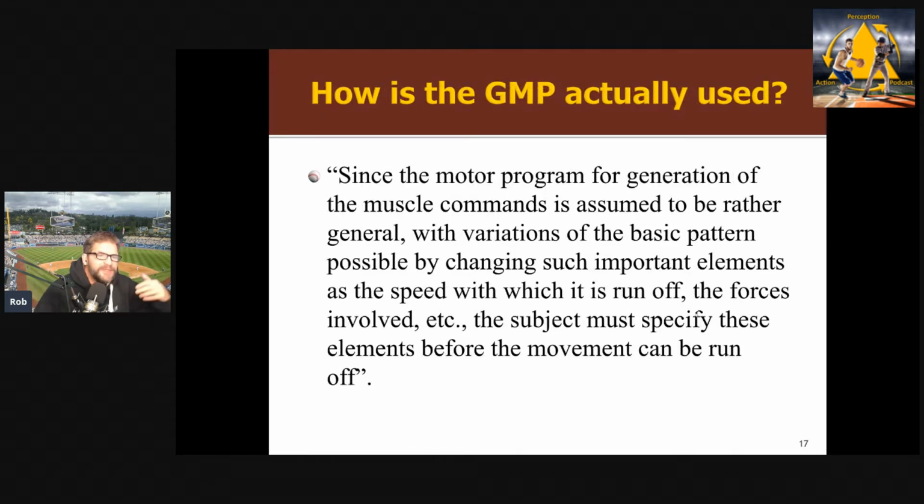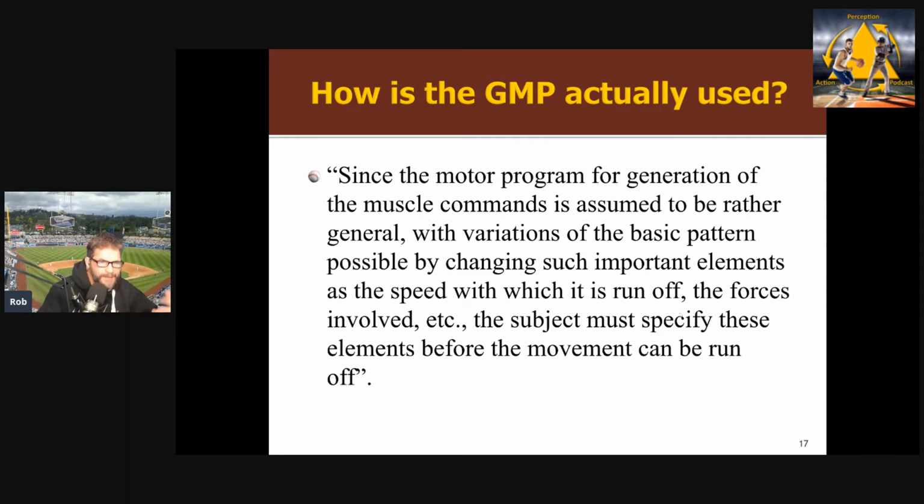The GMP, how is it actually used? The motor program is just this general structure, right? To actually use it, we're going to have to give it parameters. So we know that the shoulder angle has to be in this position halfway through, relative to the elbow position. We know the relative timing of when these two things happen, but we need to specify the actual timing and the actual forces, right?